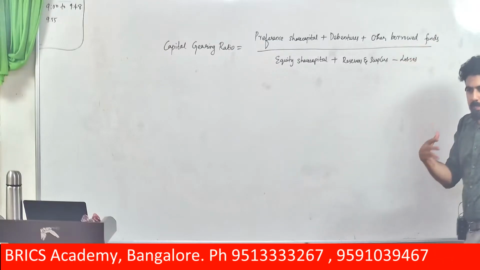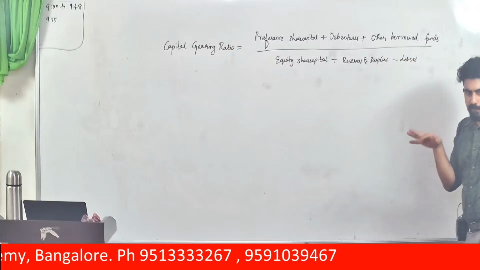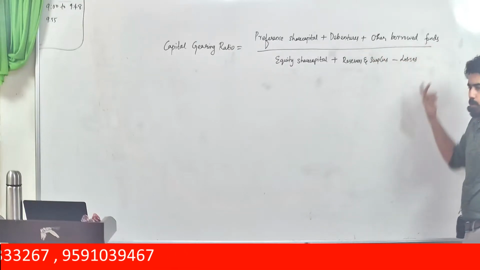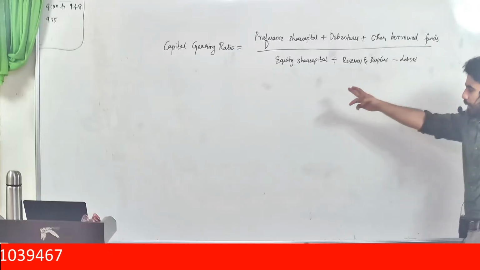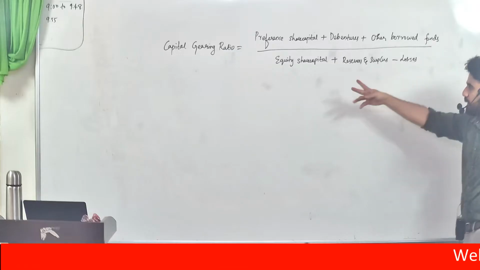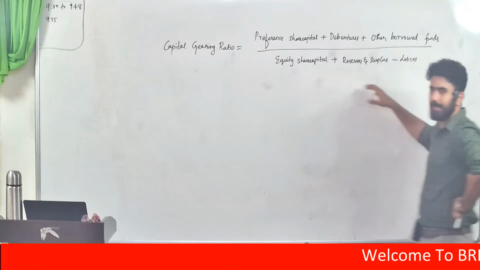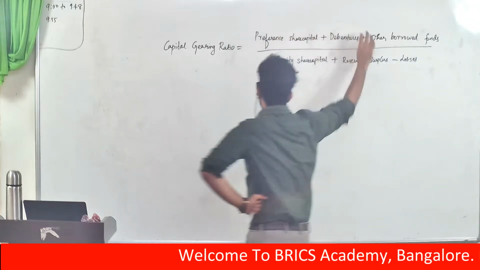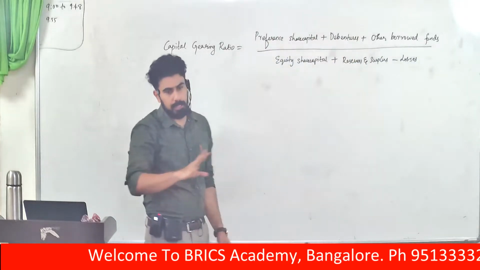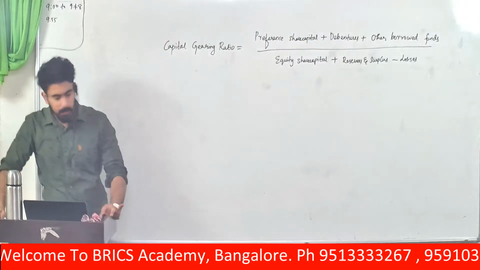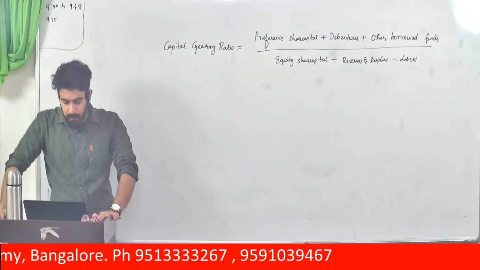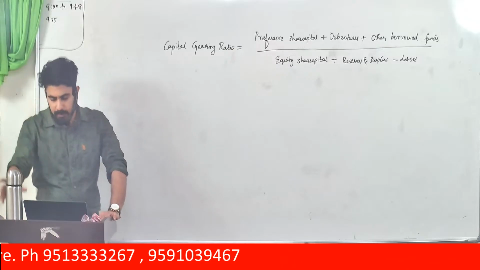Preference share capital is generally considered an external fund because you have a fixed sum. Debentures have a fixed sum. Other borrowed funds have a fixed sum, compared to the equity portion. So this will give you the external fund proportion compared to internal: preference share capital plus debentures plus other borrowed funds divided by equity share capital plus reserves and surplus minus losses.